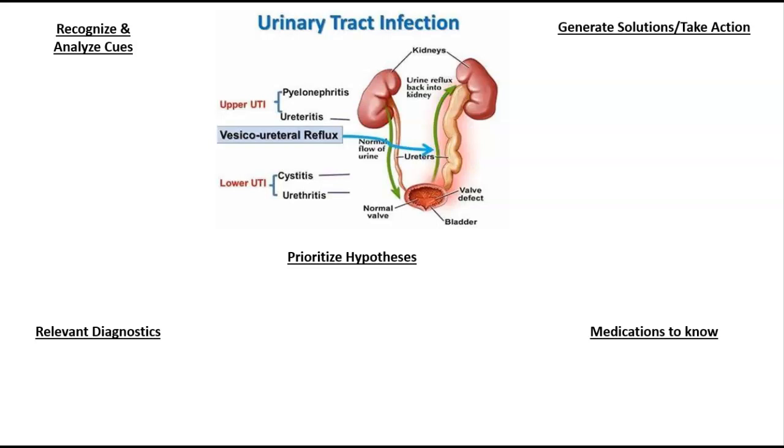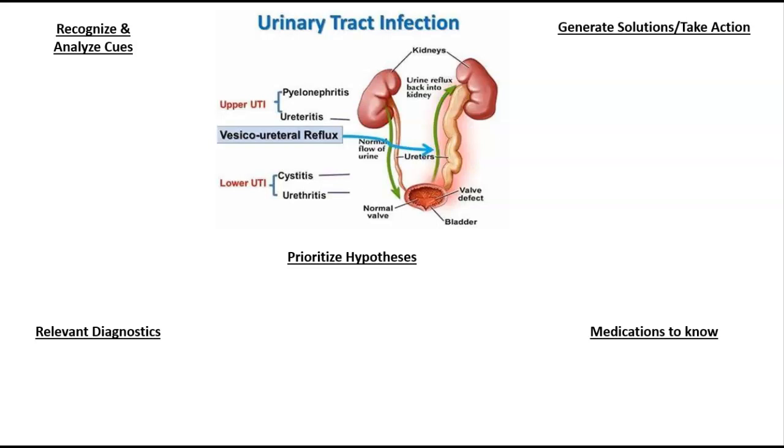So culture and sensitivity, clean catch is the preferred method. And a little pet peeve for me, guys, when you get a urine culture, if it doesn't tell you how it's captured, make sure you write somewhere on there how you did it, because if you have a Foley catheter and you get a urine sample from the catheter, that urine should be absolutely sterile. There should be no organisms in it.